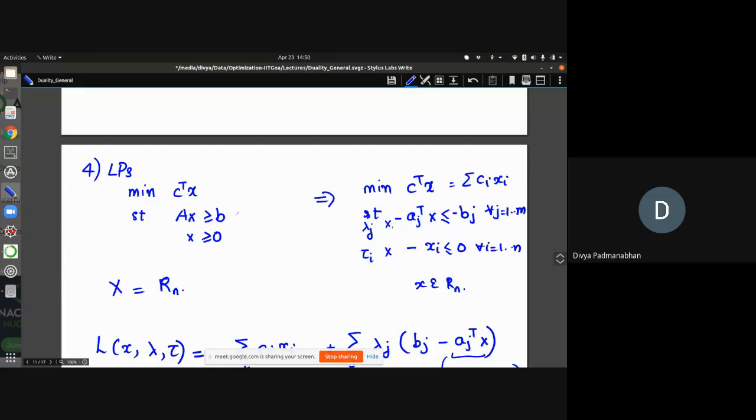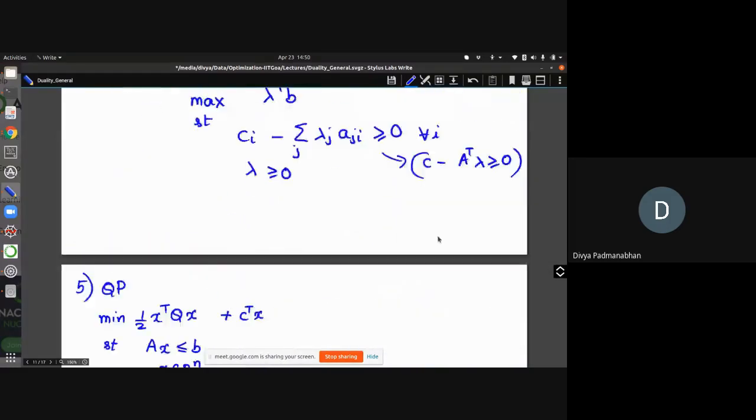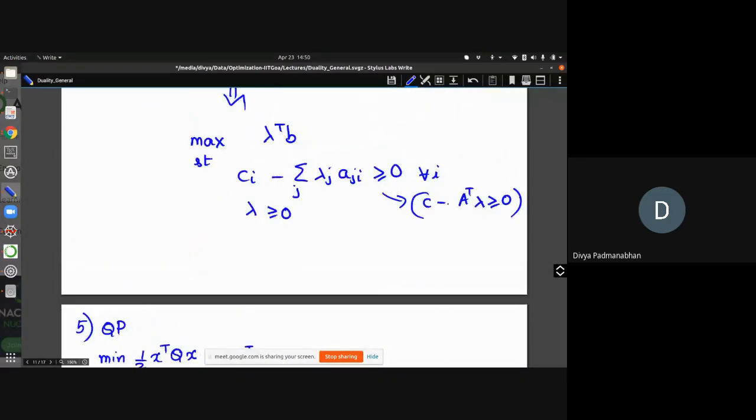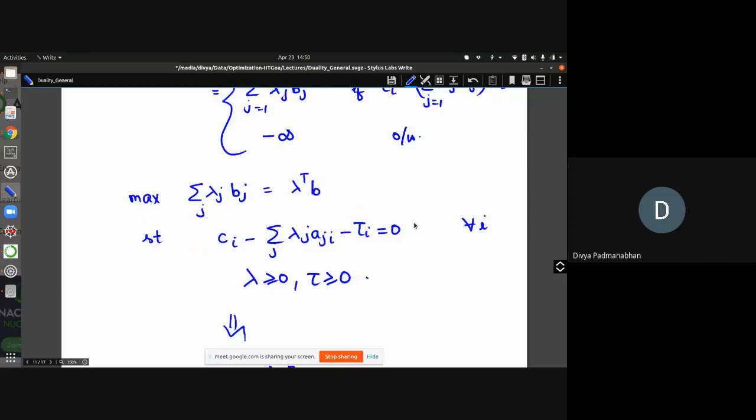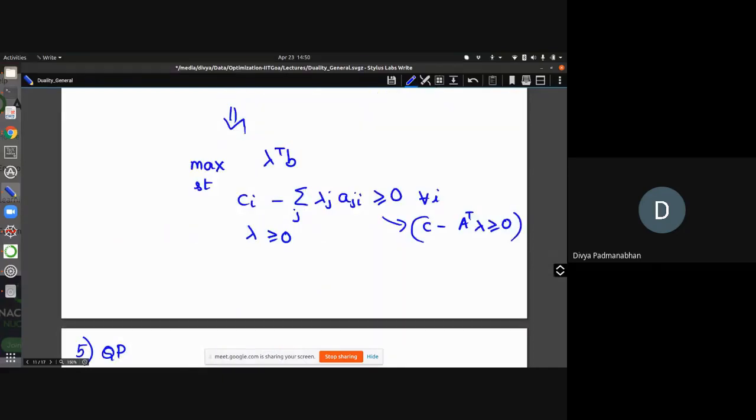And in order to have that lower bound, we said A transpose lambda should be less than or equal to C. So that's exactly what we're doing here. And because these were all inequalities, we multiplied each of them with a non-negative quantity, that was lambda. Okay, so that's why you have lambdas greater than or equal to 0.